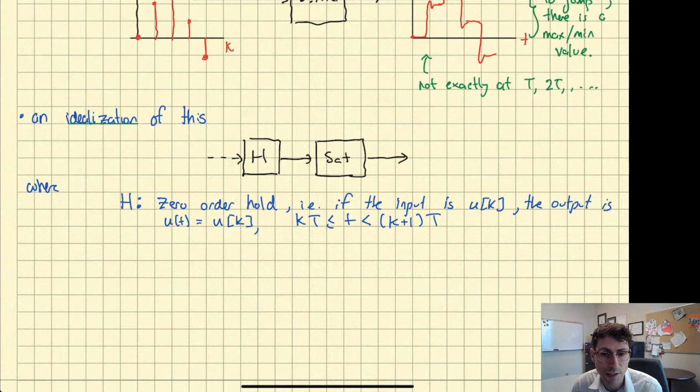So the value is just held constant over one sample period. Okay, the saturator, sat, is a saturator, and like the quantizer, it's also a nonlinear block.